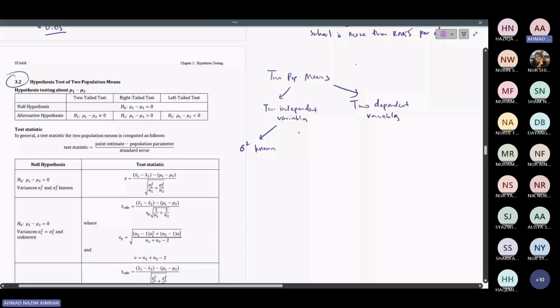The second one is when the variances of the two populations are unknown and equal. And the third one is when the variances of the two populations are unknown and unequal.